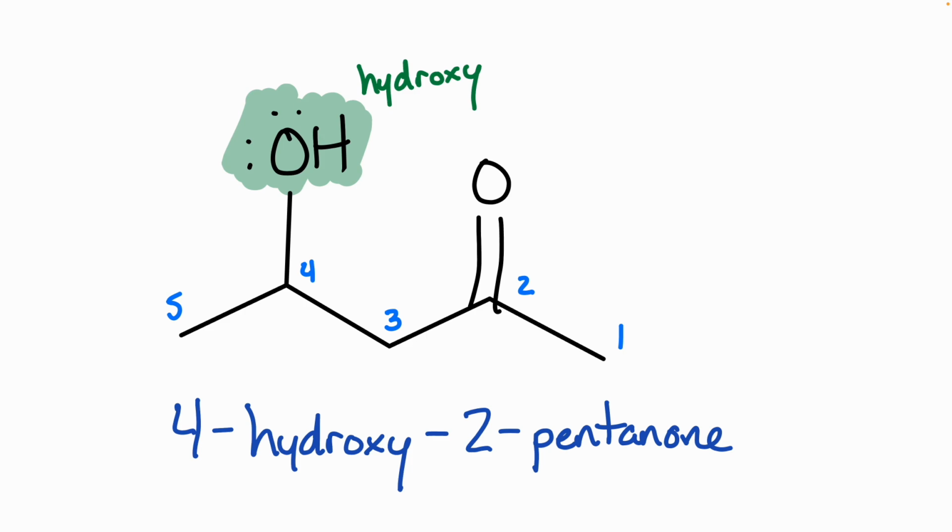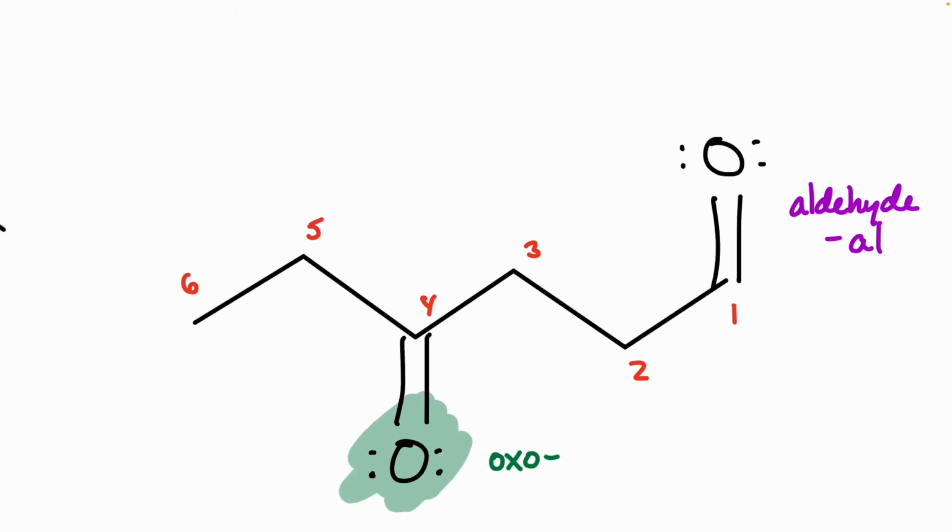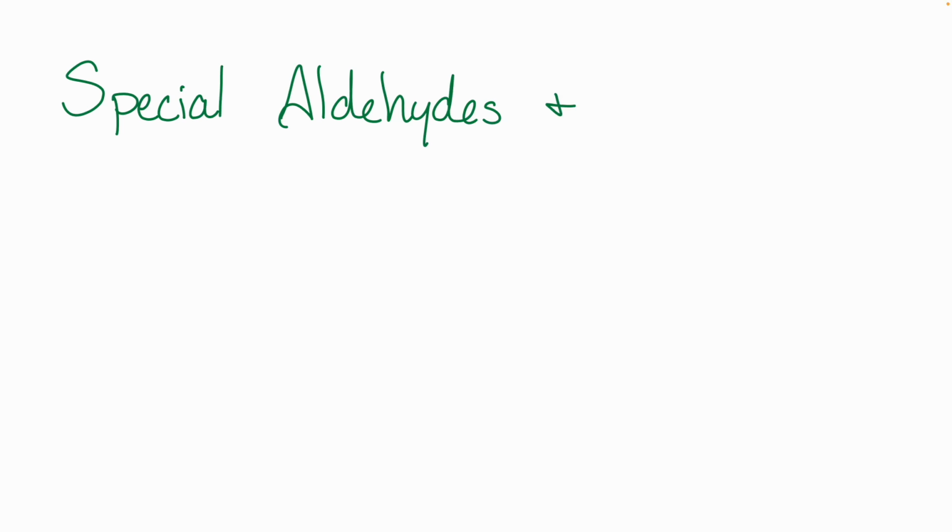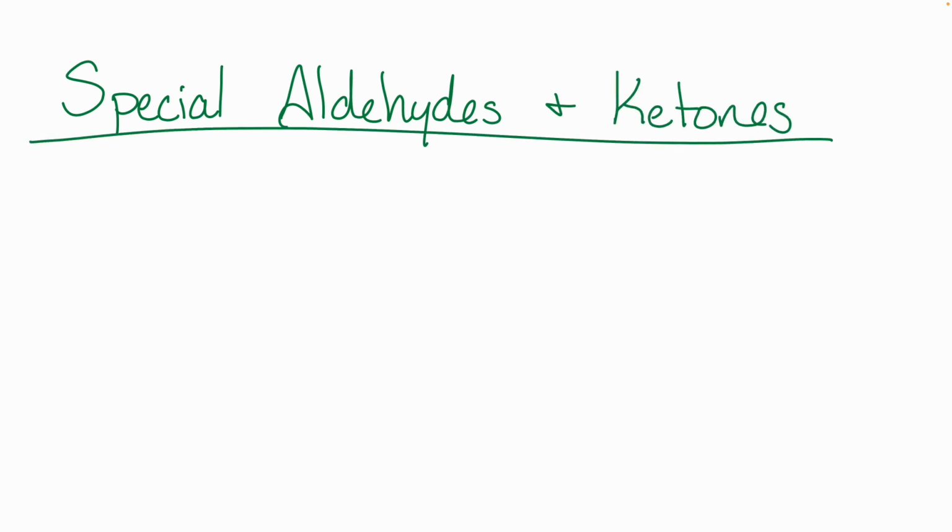All right. Now there are two special compounds, one special aldehyde and one special ketone, that we just have to know the name of. These are the two that were mentioned in your daily quiz.